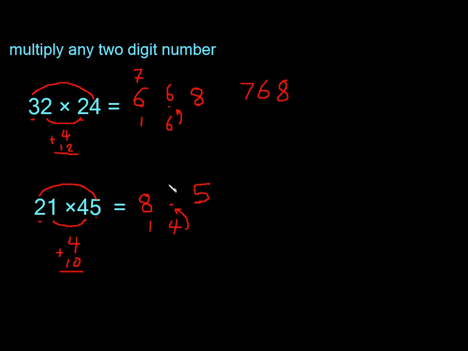This 4 we will write here, and carry this 1 and add it to the 8, so 1 plus 8 equals 9, so the answer is 945.